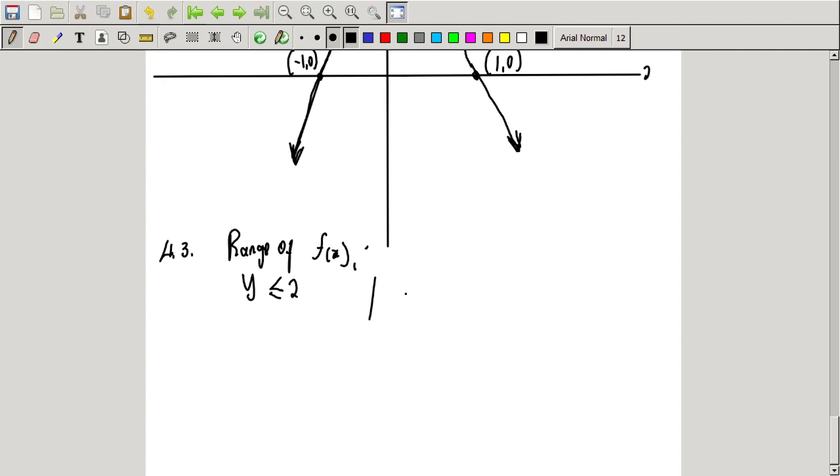Or in interval notation, y is an element of negative infinity to 2, and I include 2 because 2 is also in the range. We don't include infinity because we just approach it. I believe no one has ever found infinity.